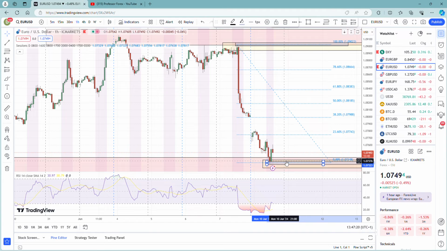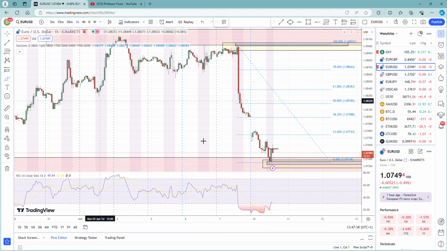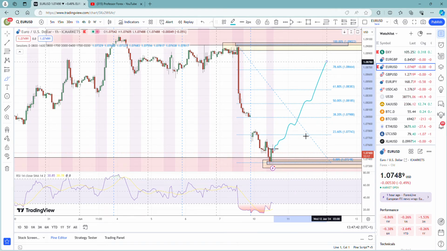So if you want to do this yourself, you know that this is live price action. This is a support level now. So if price closes above this level, we know potentially it's going up. But remember, you need to look at the DXY.